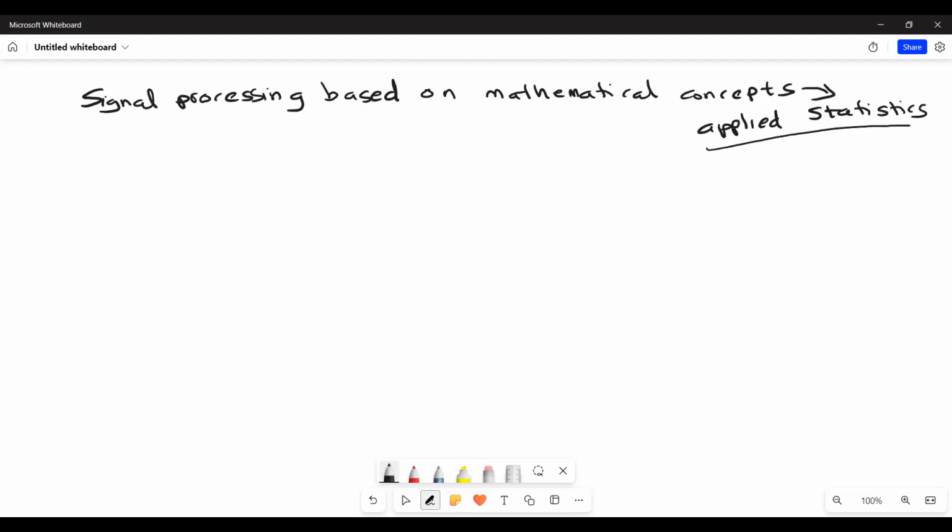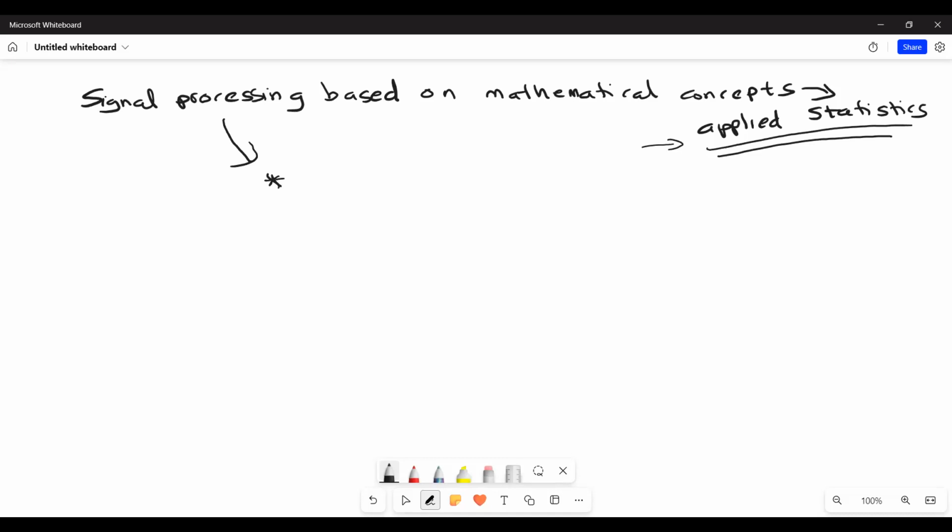We use this applied statistics knowledge as a tool to do the signal processing. So mathematics and statistics will be discussed, and we will be focusing on those.